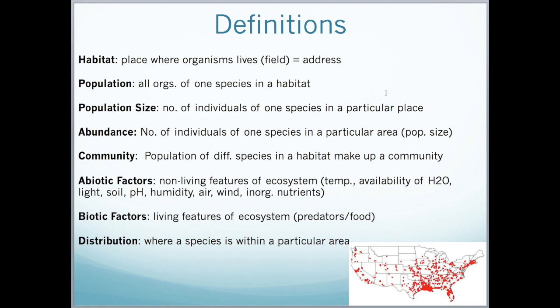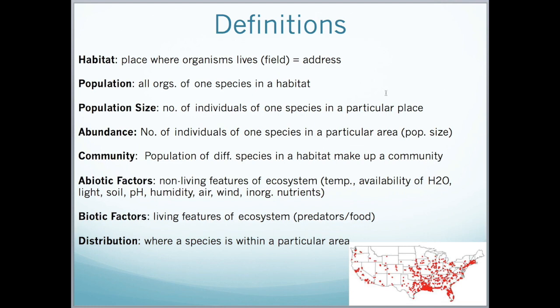Community is the population of different species in a habitat that make up a community. Abiotic factors are non-living features of an ecosystem and include things like temperature, availability of water, light conditions, soil, the pH, humidity, the content of the air, wind, and other inorganic nutrients, such as nitrogen or phosphate.